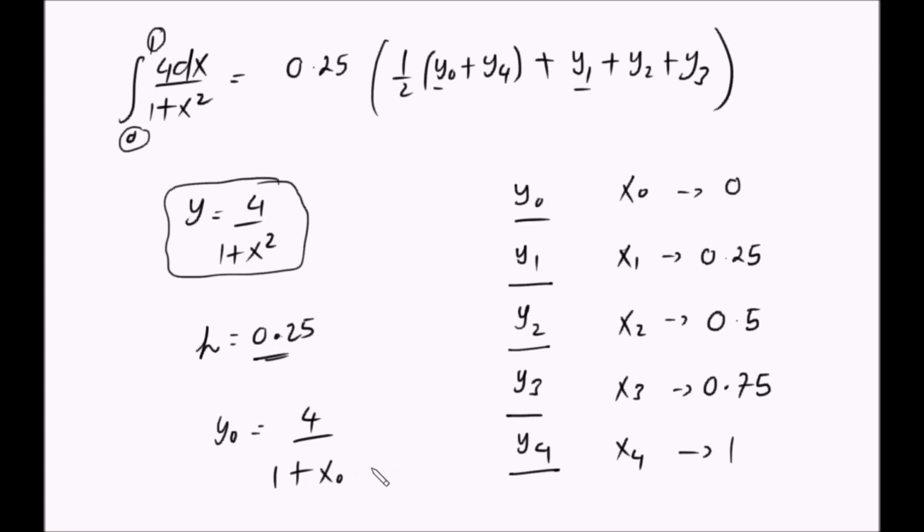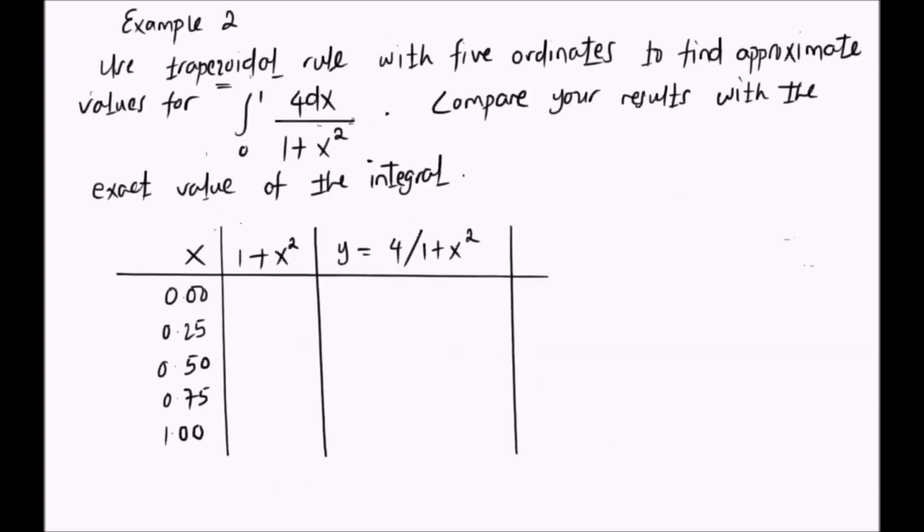Kwa hiyo kuna hii square usisahau. Nikitaka y1, niweke x1. Nikitaka y2, niweke x2. Like that. So you can see kwenye hii table ili nifanye kwa urahisi, niliona nitafute kwanza huyu, kabla ya kuchukua 4 gawanya kwa huyu.